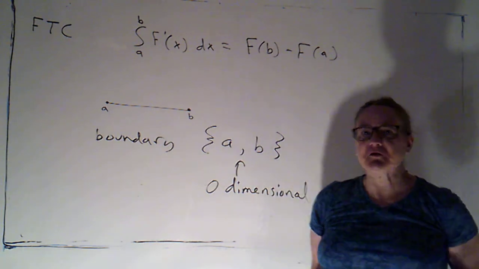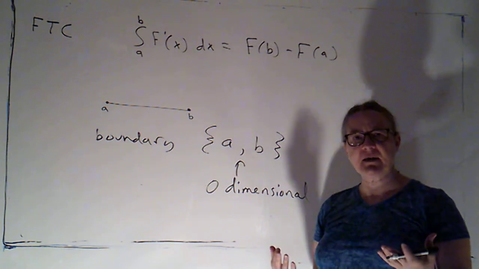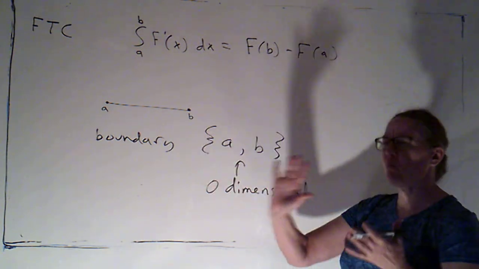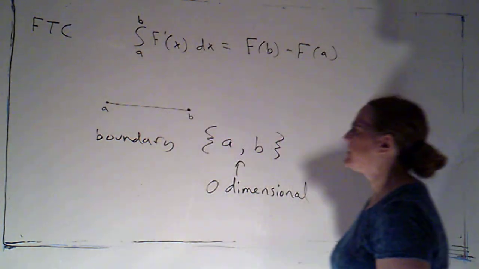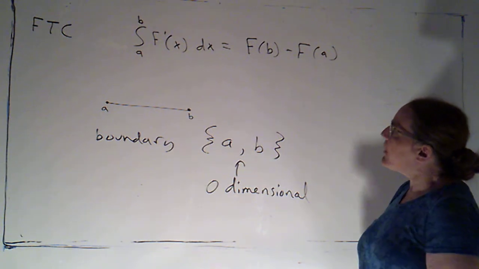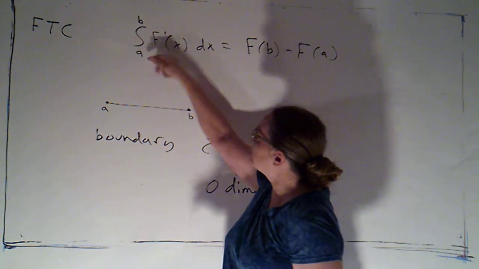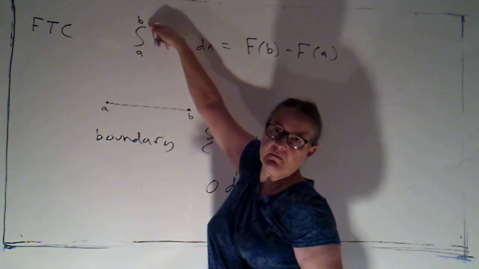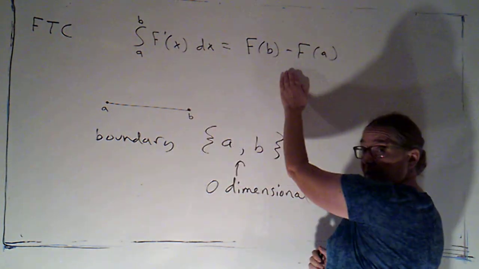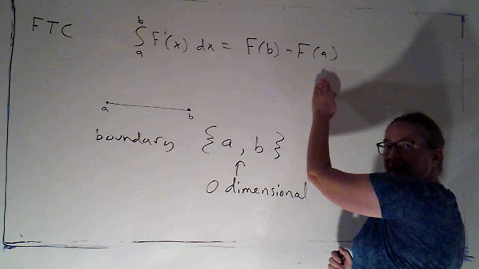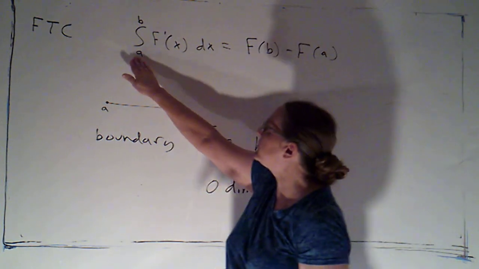We don't usually spend a lot of time talking about the dimension of a point being 0, but it kind of makes sense. It doesn't have any length. It's down one level from a one-dimensional line segment or a one-dimensional curve. And so this gives me a relationship between an integral over a one-dimensional region and working with a related function, not the integrand, but a related function on the boundary, where the dimension of the boundary is simply 1 less than the dimension of the region.